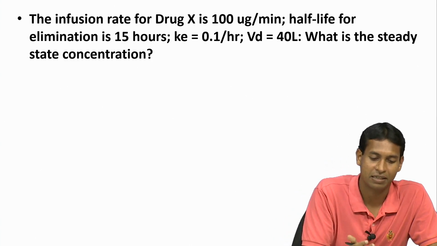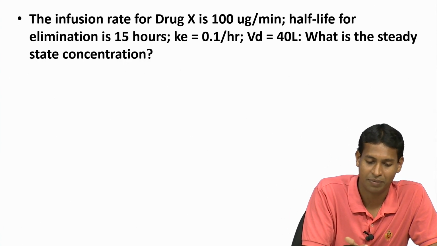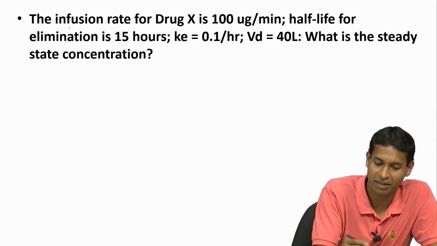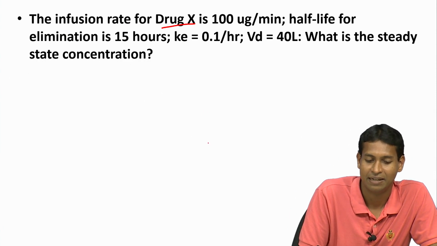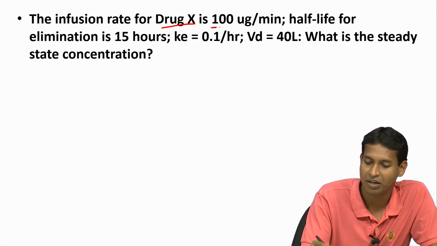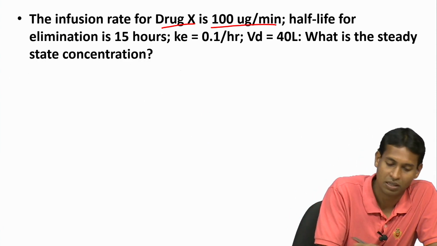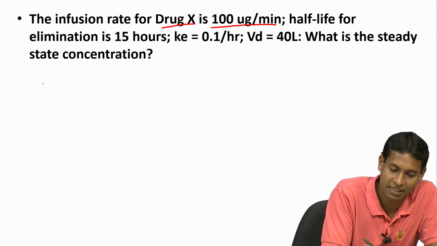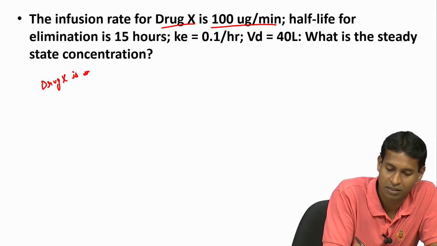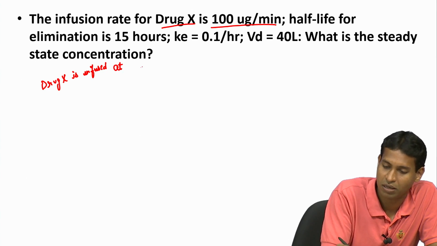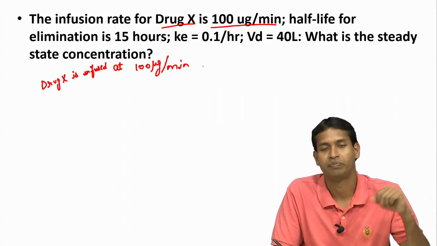So, in this particular question what has been given is that drug X has an infusion rate of about 100 microgram per minute. So, basically we are saying that drug X is infused at 100 μg per minute.